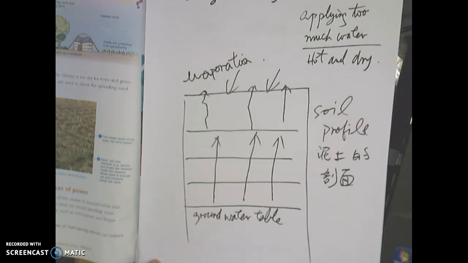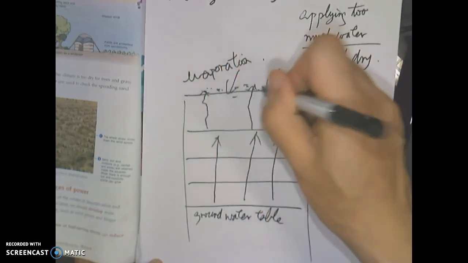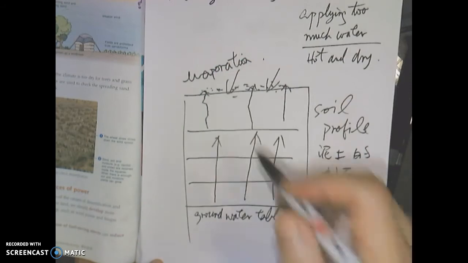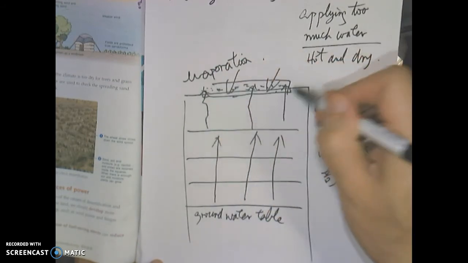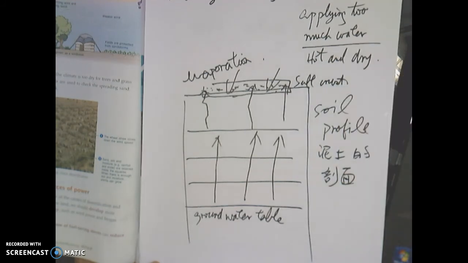After evaporation, all the water is going to leave, but it will leave plenty of crystallized salt here. So this will become a salt crust.